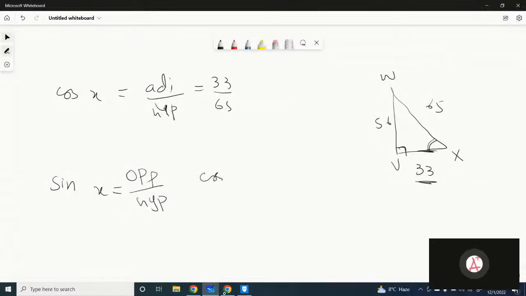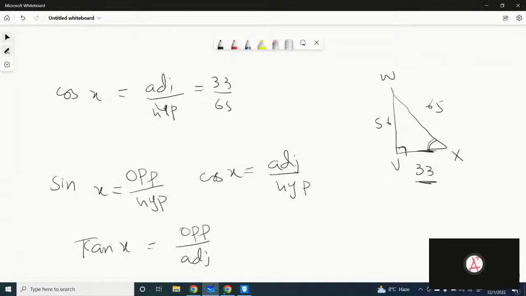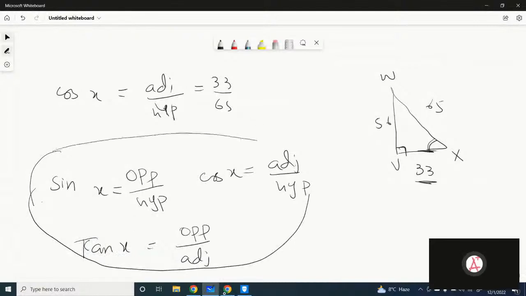Then cos of any angle is adjacent divided by the hypotenuse. And then tan of any angle equals opposite divided by the adjacent. Got it, everyone? These are the sine, cos, and tan trigonometric ratios. Okay, let's start with the next topic, the trigonometric ratios cosecant, secant, and cot.